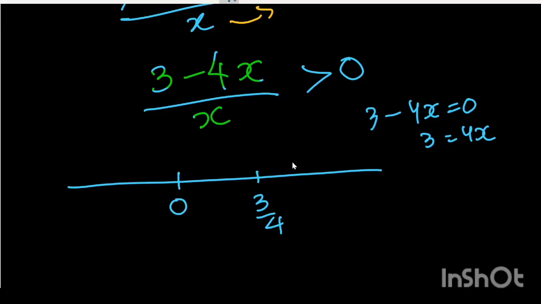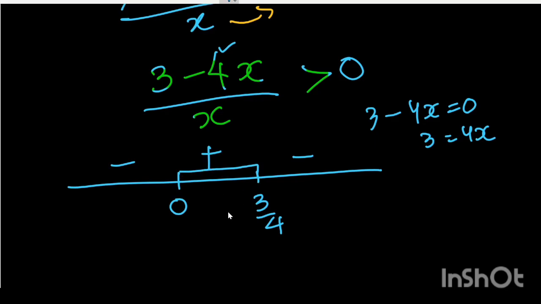Now we will start with minus sign because the coefficient of x is negative here, then again plus, then again minus. Since the question is asking for plus sign, we will take our answer to be plus between 0 to 3 by 4, guys.